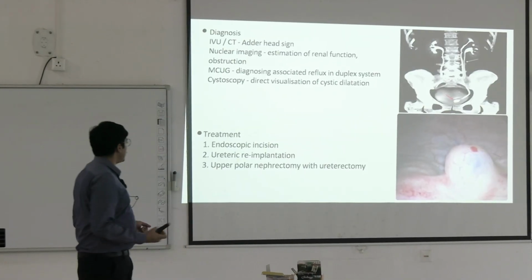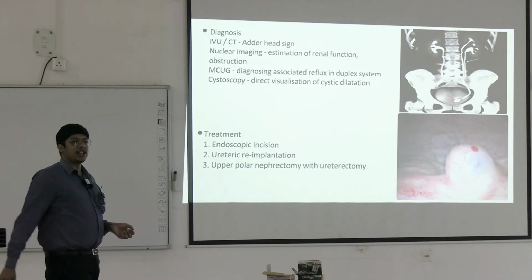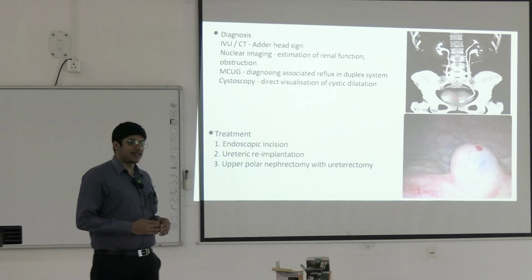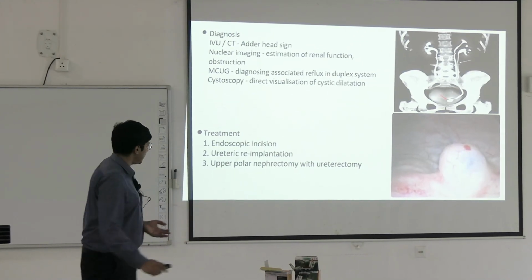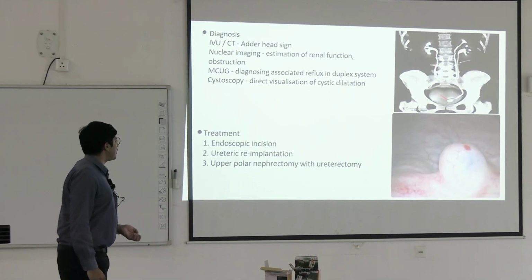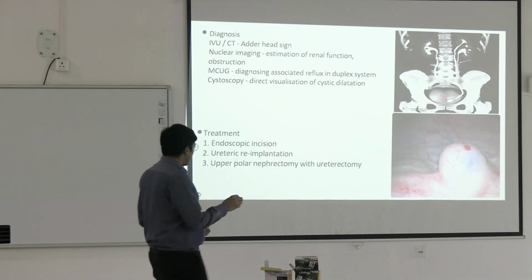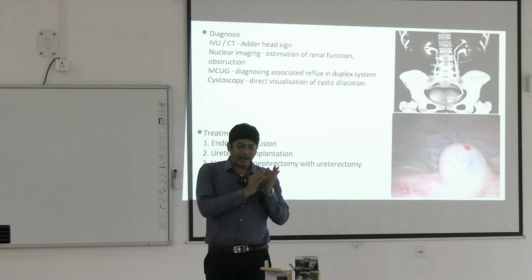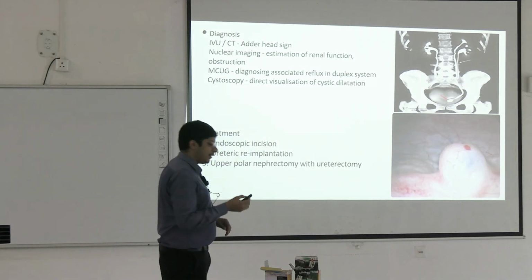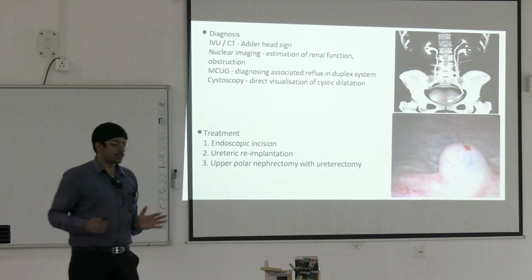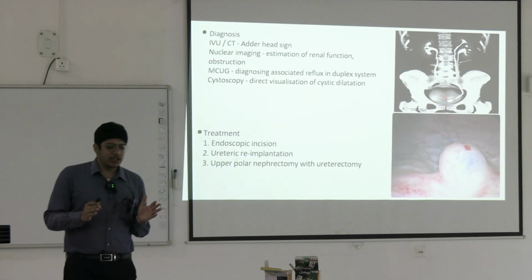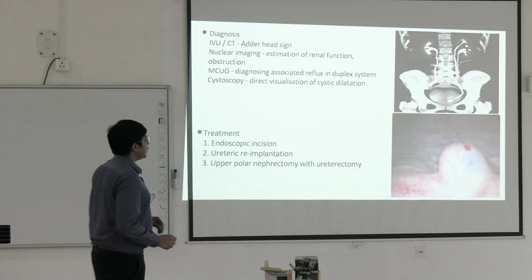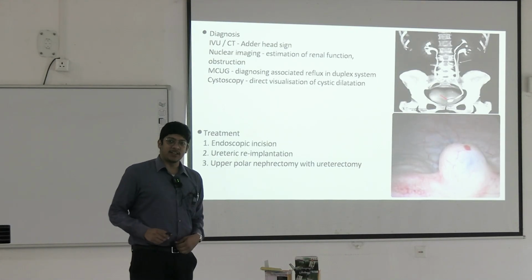So, endoscopic treatment of this ureterocele is endo-incision of the ureterocele, which makes the system open, relieves the obstruction, and final definitive treatment involves re-implantation of the ureter into the urinary bladder, bypassing this ureterocele part. I will come to that in details. Just remember that endoscopic treatment is endo-incision to relieve the obstruction, and ureteric re-implantation is the definitive management.